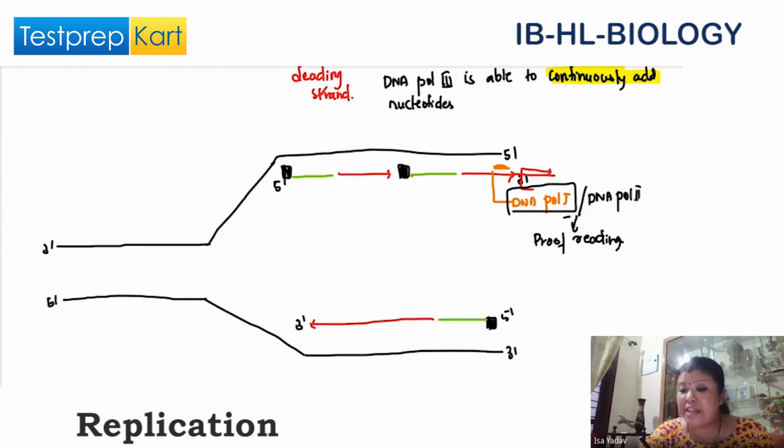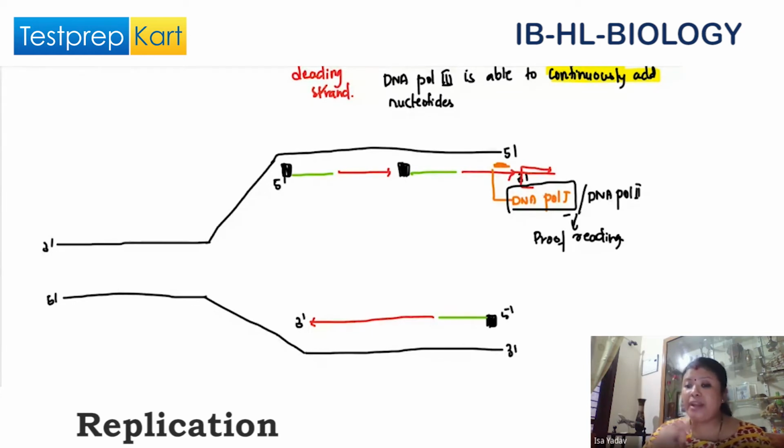If there is a mistake, your answer will go wrong. Yes or no? In the same way, DNA polymerase 1 and DNA polymerase 2 will make sure that when the DNA is formed, there is no mistake.